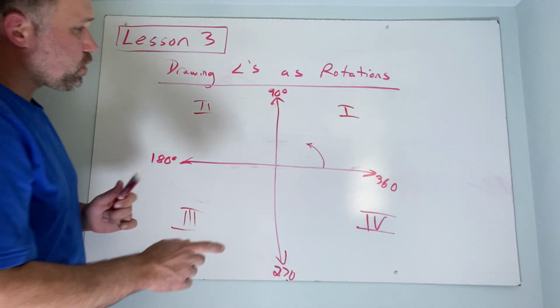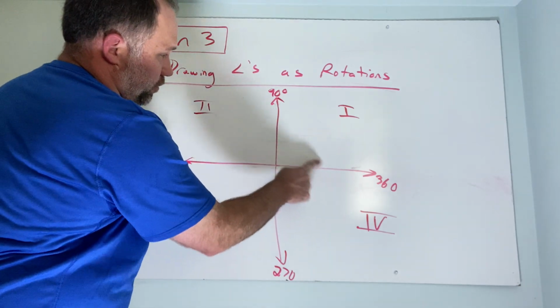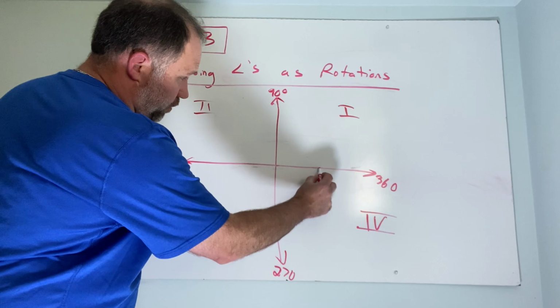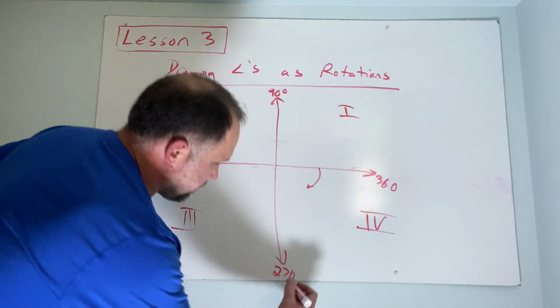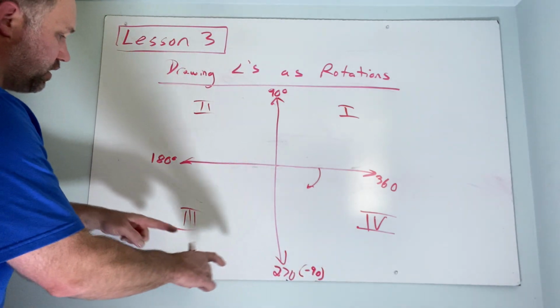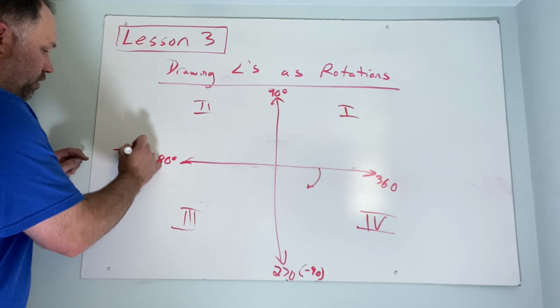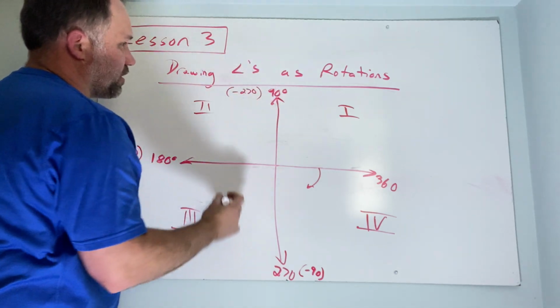All right, so we can also draw angles in the negative direction. So if I wanted to, I could go this way and start drawing my angles. If I did, this would now be negative 90 degrees. This would be negative 180 degrees. This would be negative 270 degrees.